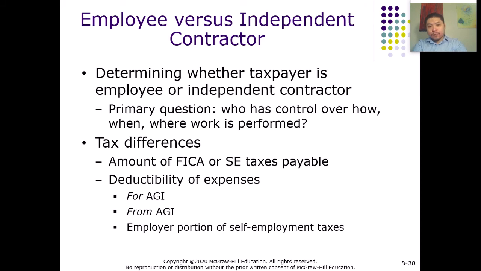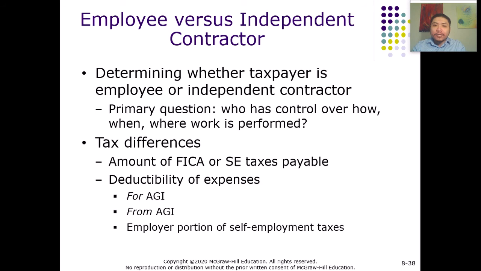Right. So how do we differentiate between these two now? Again, a lot of times it can be fuzzy to differentiate between an employee and an independent contractor.